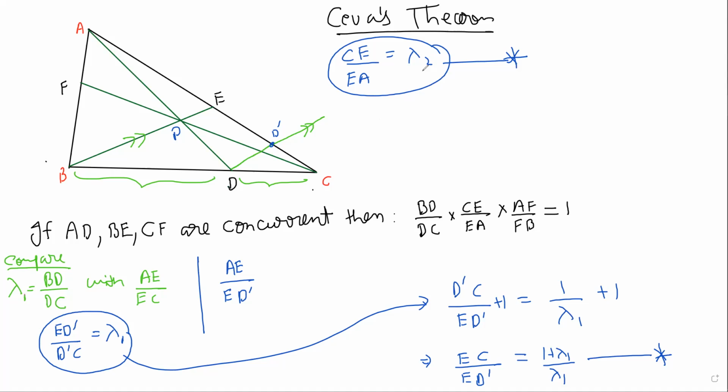Yes, there will be both lambda 2 and lambda 1 involved. So we can just divide, right? We can just divide this equation and this equation. Is that right? So you see, we will have this EA by CE, that is 1 by lambda 2. And when you divide these two equations, you can just do simple calculations.